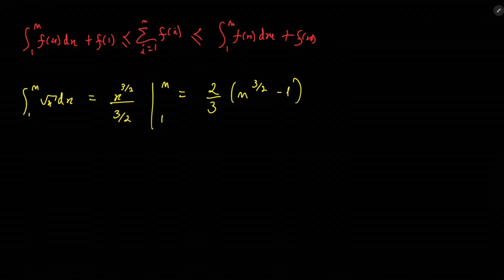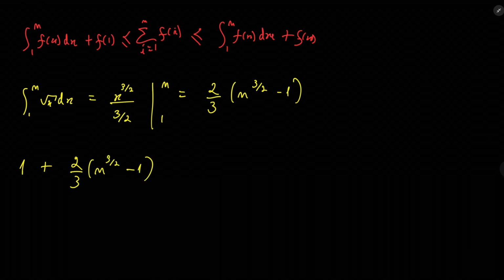So first, what's f of 1? It is the square root of 1, which is just 1. So I'm using already our f of 1 here, and now we need to add this. So 1 plus 2/3 times n to the 3/2 minus 1.